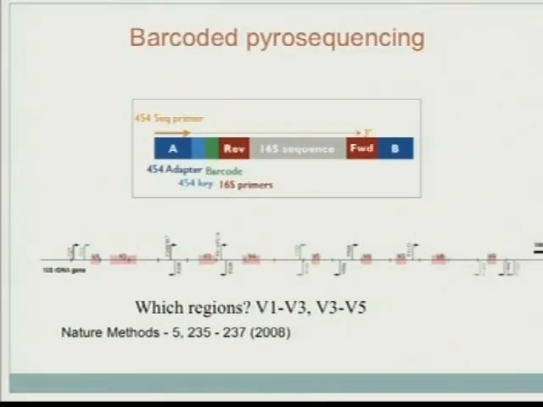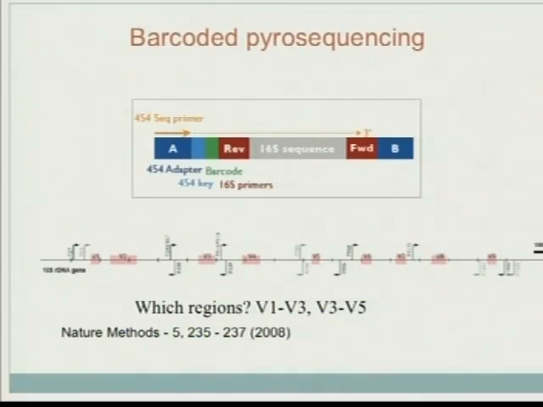So this is the 16S gene. It's about 1,500 base pairs long. If you look at the conservation patterns of those genes among different species, they have many very conserved regions, and also very hypervariable regions.